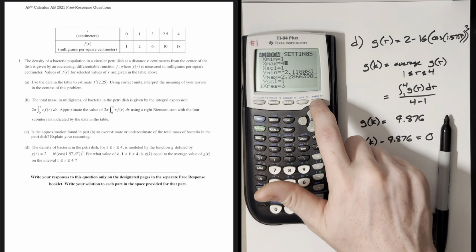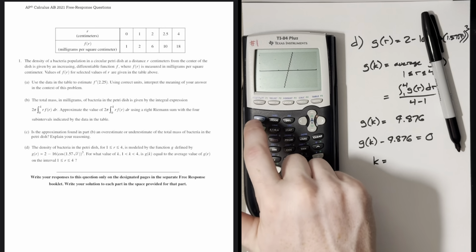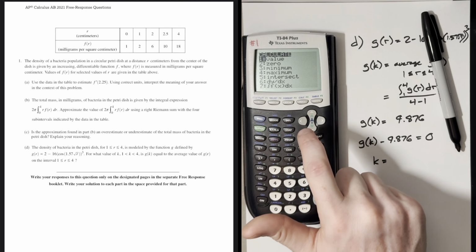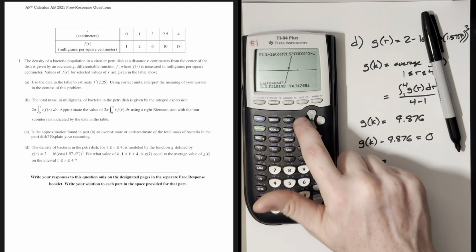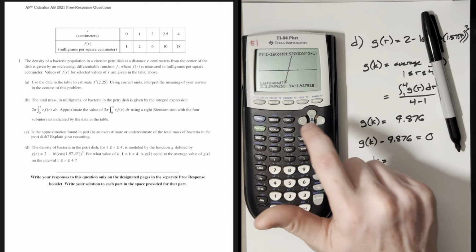So now when I graph it, okay, now I got kind of the perfect view. I can see that I only cross the x-axis at this one point, and that will tell me what k is equal to when this function is equal to 0. I can solve for that by doing second calc, go down to 0. I get a left bound and a right bound.